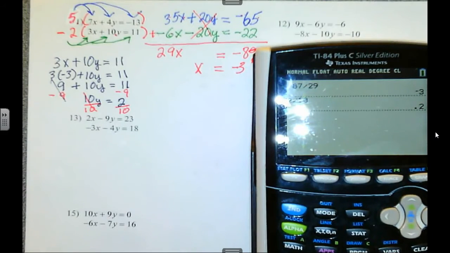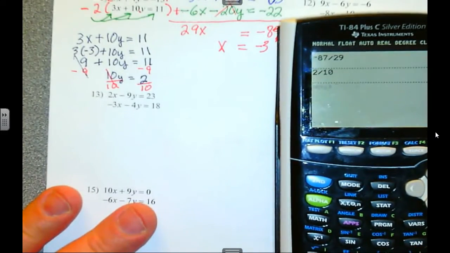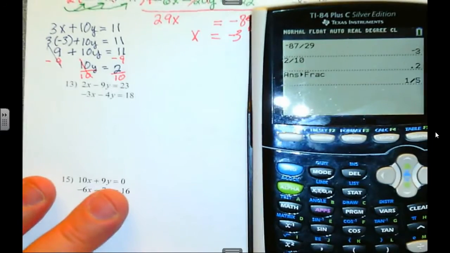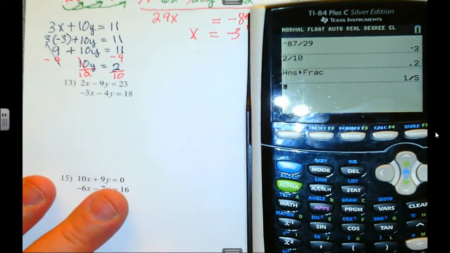Now you can use the decimal. y equals 0.2. In this course, it's fine. If you want to go back to a fraction, hit the math key, and then hit enter and enter again. And it gives me the reduced fraction. So either one is fine. 1/5 or 0.2.